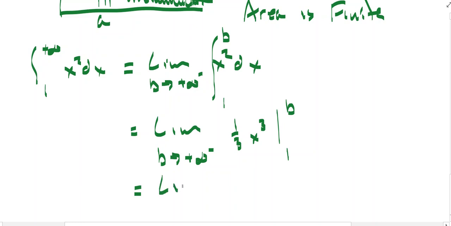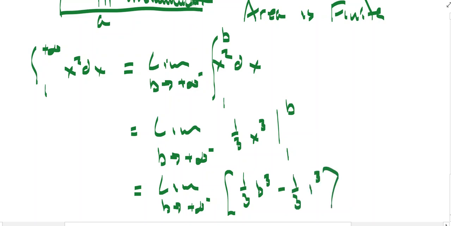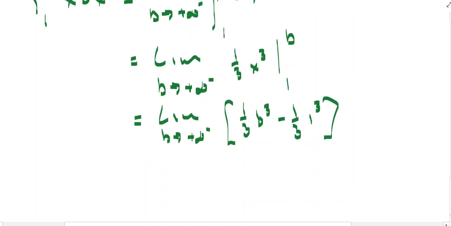Then the limit as b approaches positive infinity from the left we're going to have 1/3 b cubed minus 1/3 1 cubed. So we're just evaluating the integral. At this point, it would be handy to either physically or at least mentally separate these into two limits. In these examples, I will physically separate these into two limits.